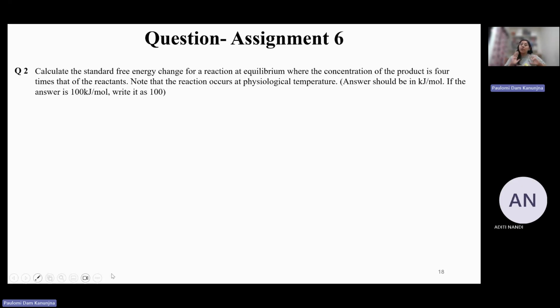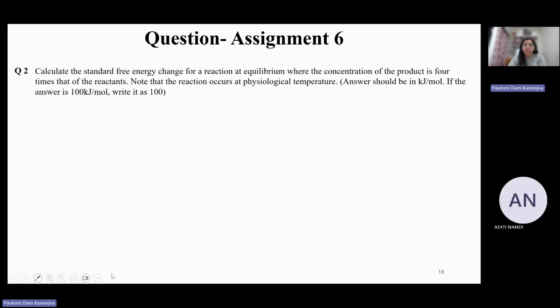But remember to come back to the unit that is asked in the question. Why do I say so? Let's say we calculate minus 3000, but that's in joule, and the question asks for kilojoule. So your answer should be minus 3. Be mindful of what you are answering, because the question tells you what kind of result you want.